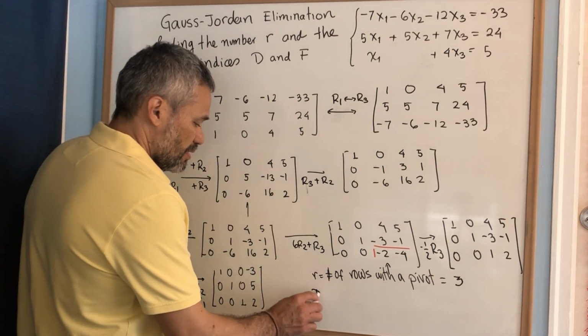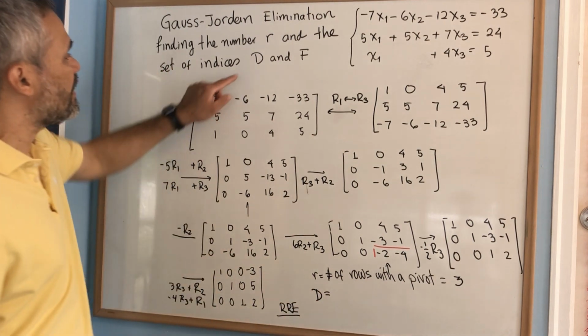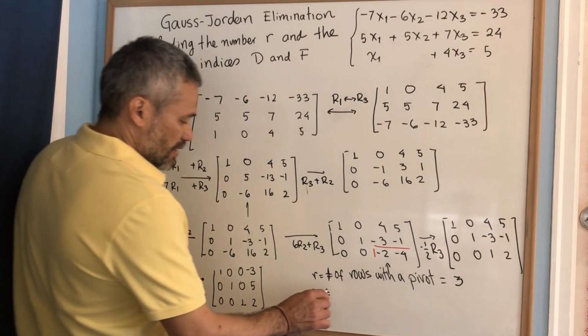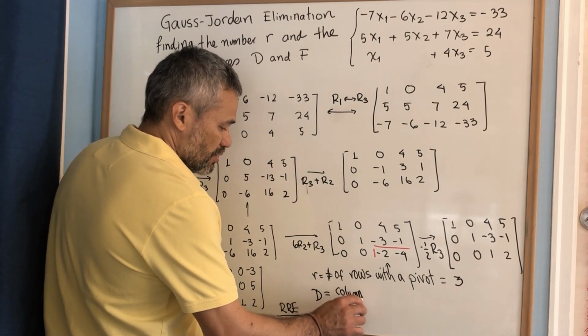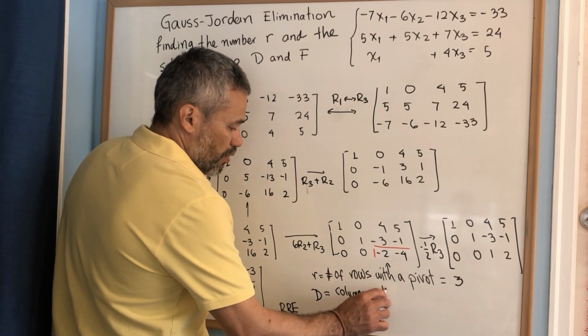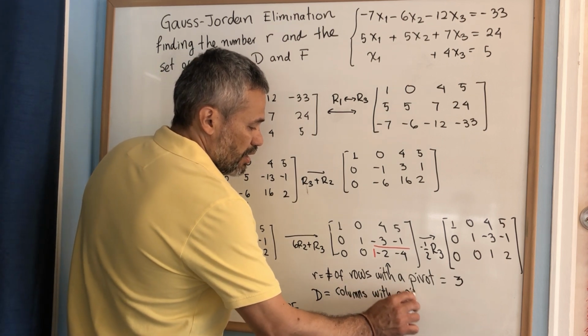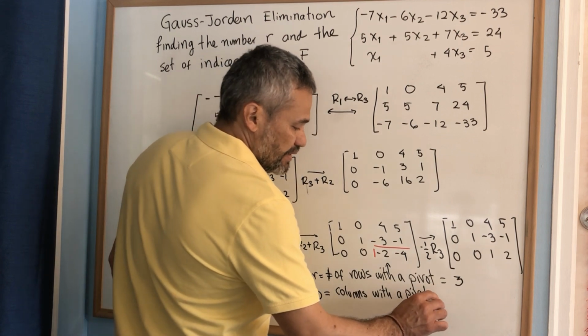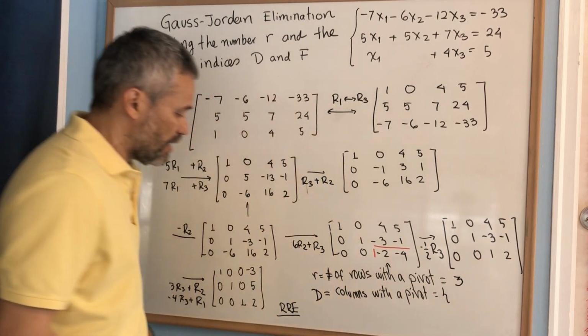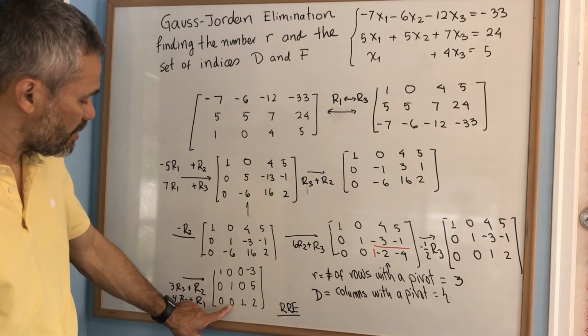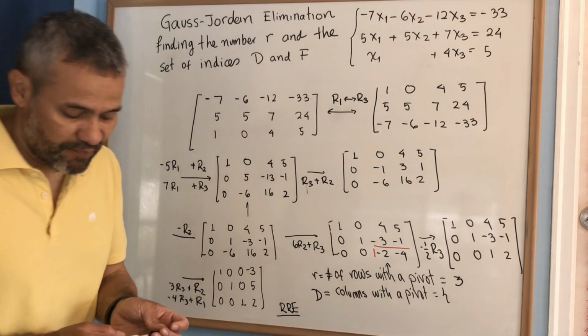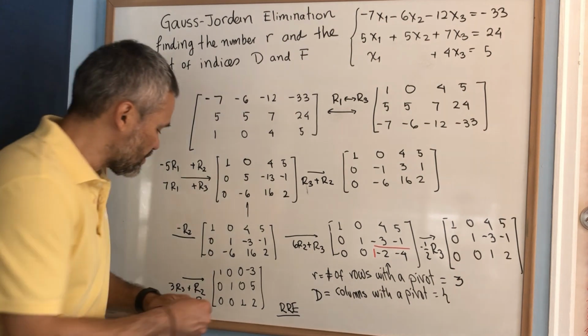D is the set of indexes, like the columns with a pivot. But in this case, you should label the number of the column. In this case, column number 1, 2, and 3 have pivots. Remember that these are the 3 pivots.